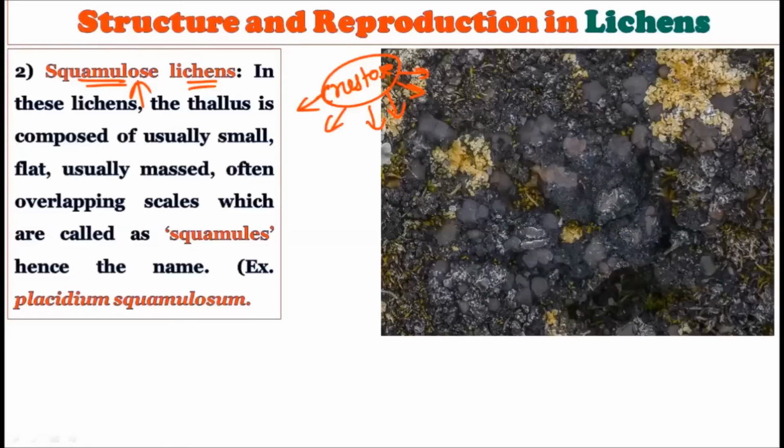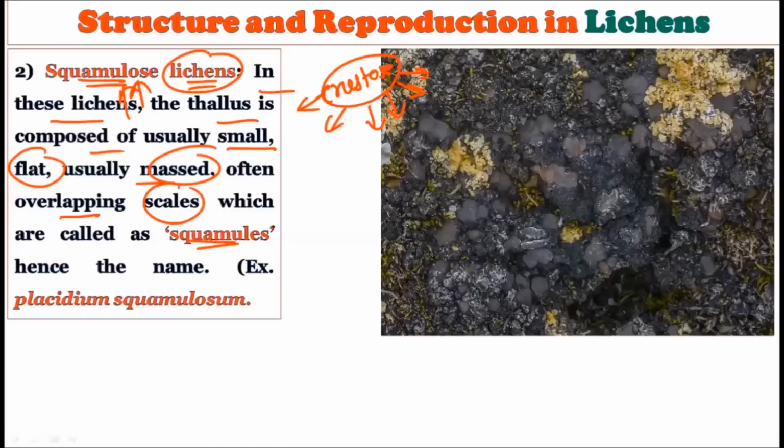Squamulose lichens are a little more developed than the Crustose lichen, but they lag behind the Fruticose or Foliose lichen. Actually this is an overlapping group, and its members belong to both the Crustose and the Foliose lichens, because they bear squamules, and that is why they are popularly called Squamulose lichens. In these lichens, the thallus is composed of usually small, flat, meshed, often overlapping scales, which are called squamules, hence the name.